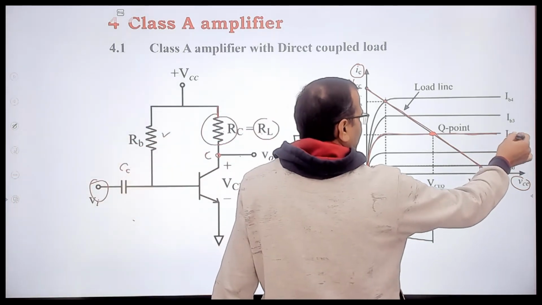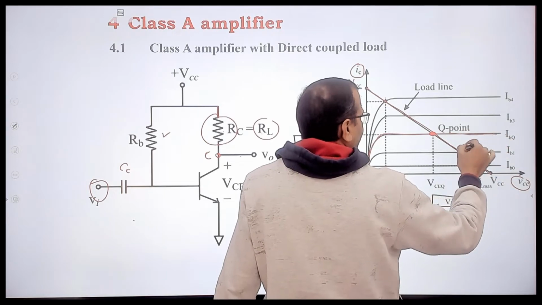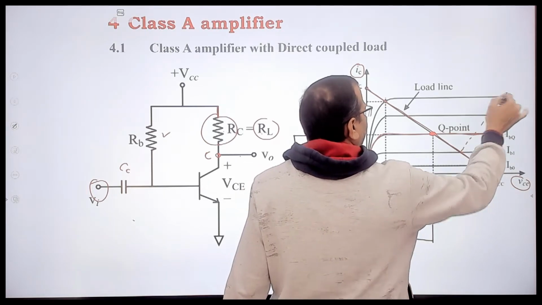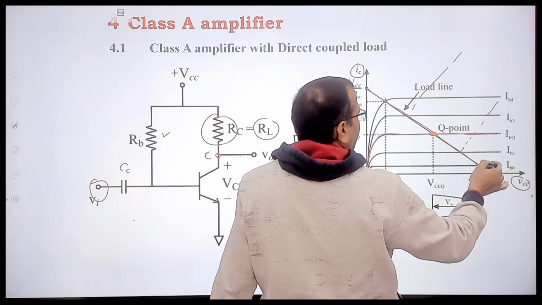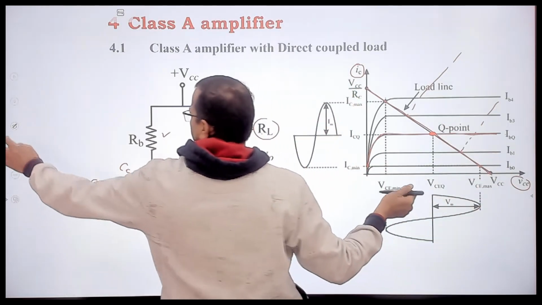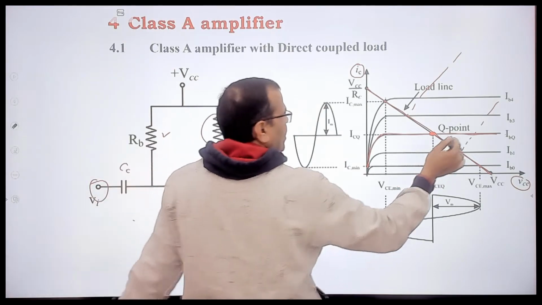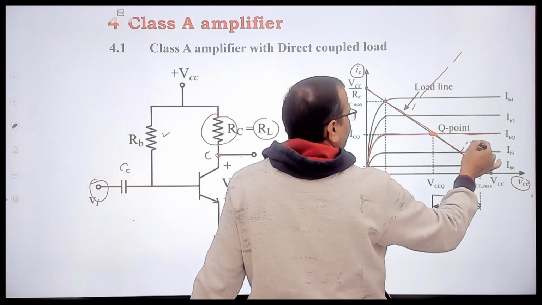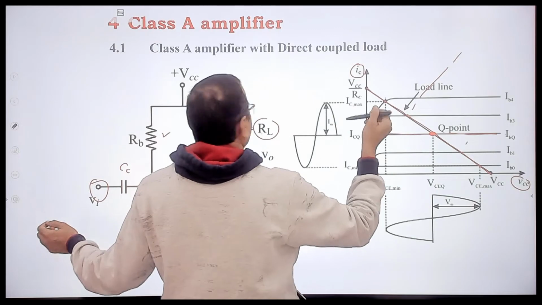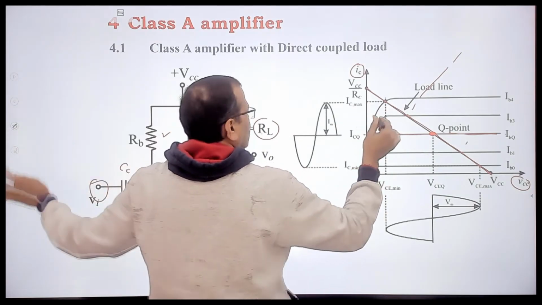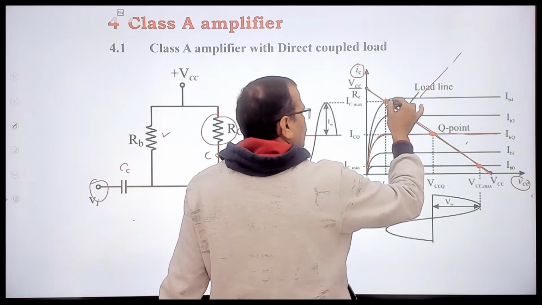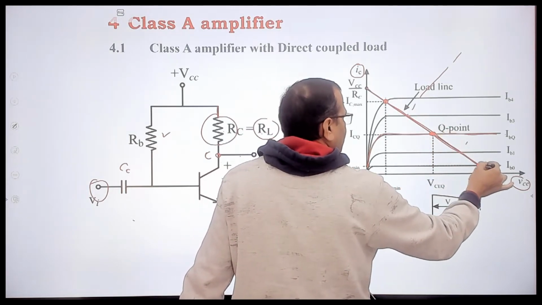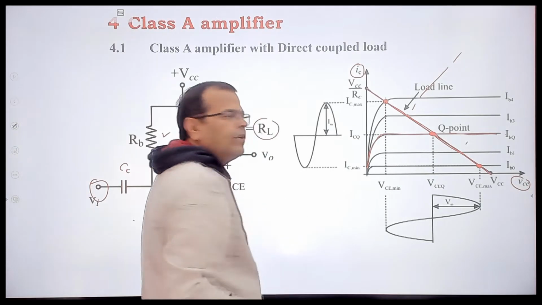So if the input current, this is base current, is varying between two extremes like this, the base current is varying between two extreme values. From here to here, this region is called the linear region.